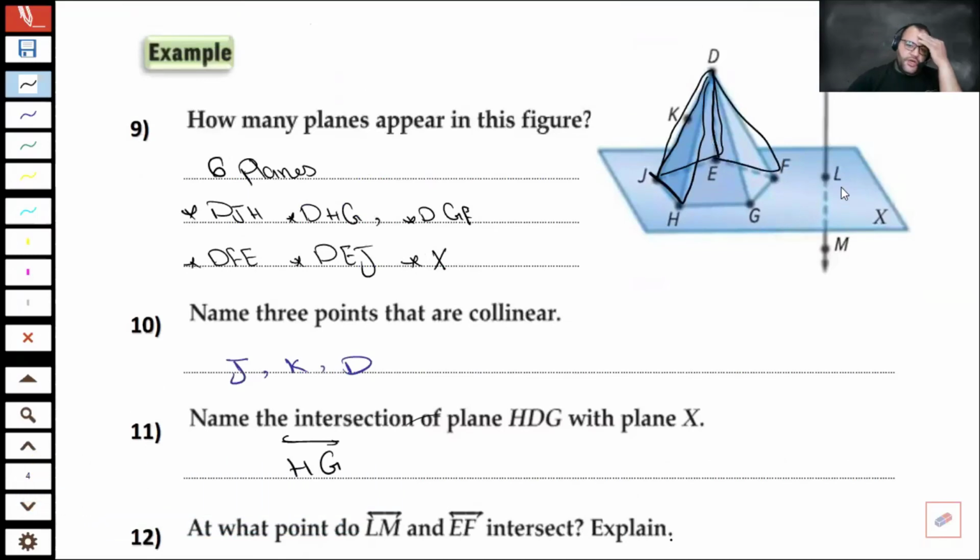Where do they intersect? I will draw it here. They all intersect at D, right? At the point D. All of them intersect at one point, which is D. You understand it?